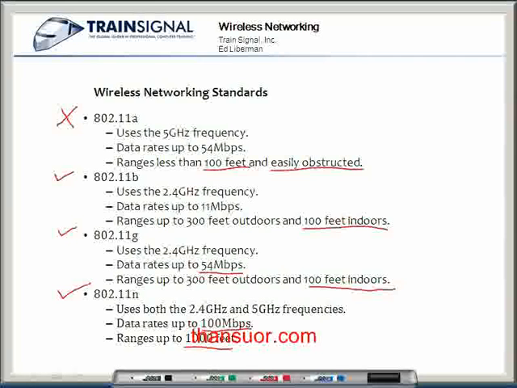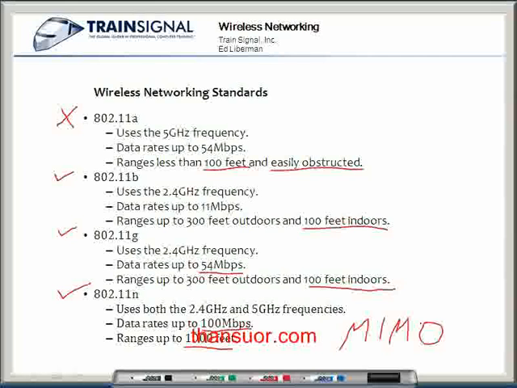Now, if you're wondering how we magically have a new technology that gets a faster data rate, 802.11n uses something called MIMO, M-I-M-O, which stands for multiple in, multiple out. Basically it's the concept of using multiplexing, in other words, sending more than one signal at a time.